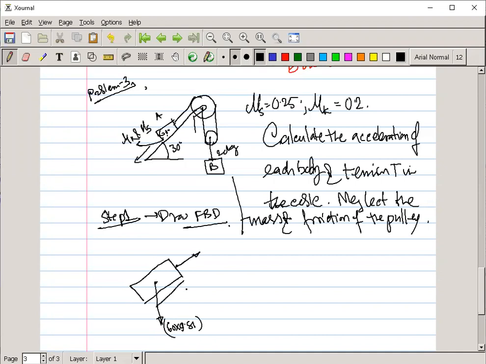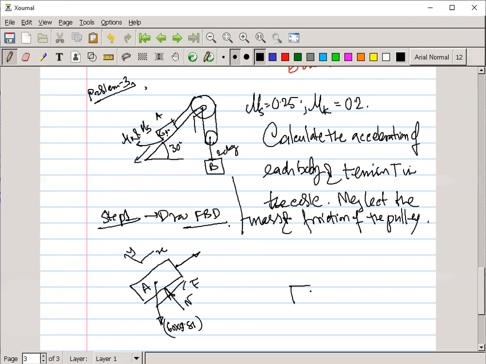So friction should be in the opposite direction. So this is your friction, and perpendicular to that is the normal. So if it is your X and Y, this is your free body diagram of A.